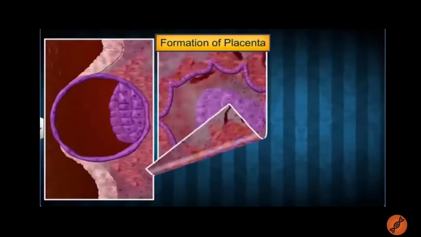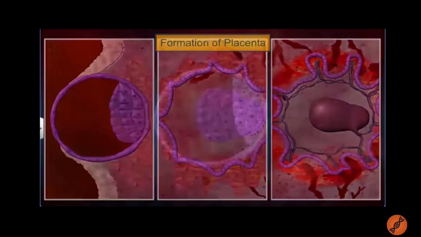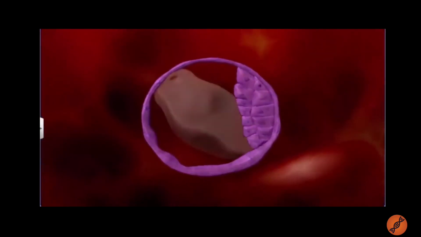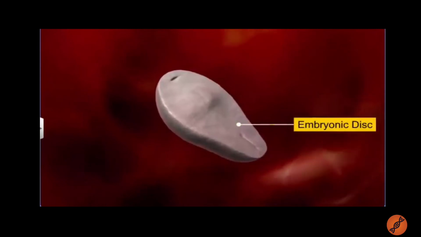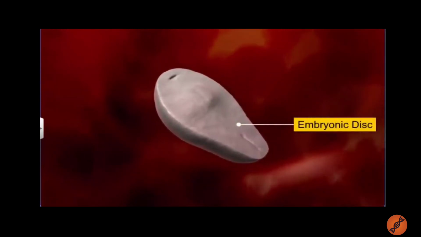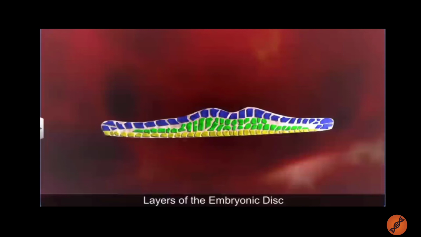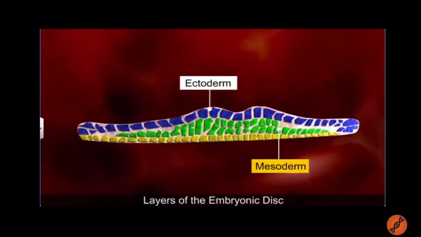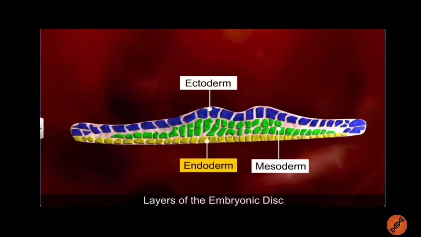Interestingly, when the placenta begins to form, the inner cell mass moves downwards and differentiates to form an embryonic disc consisting of three germ layers: the outer ectoderm, middle mesoderm, and inner endoderm.